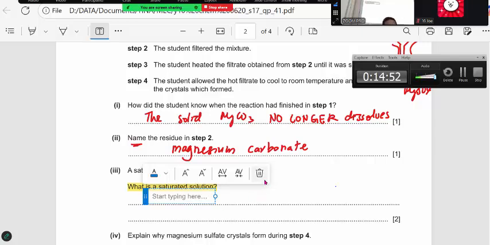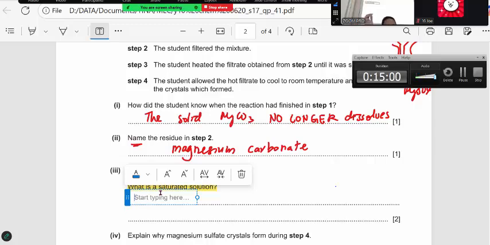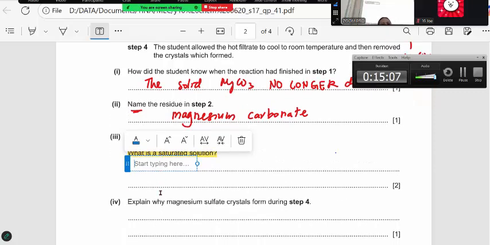You can either say the maximum amount of solute that can be dissolved at a certain temperature, or no more solute can dissolve.